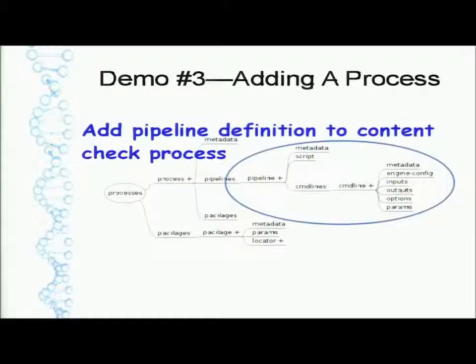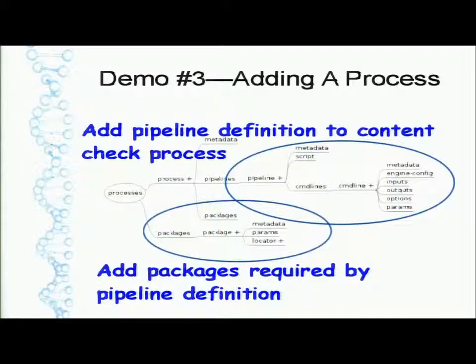Well, all you have to do, you do need to still write your pipelines and your XSLT and whatever you need, but once you've done that, all you have to do is to do this pipeline definition. In this case, I want to add it to the content validation process, not add another new process. I'm going to put it in the existing one.